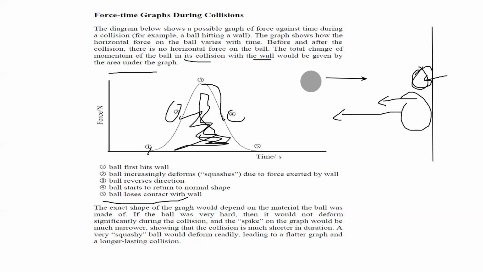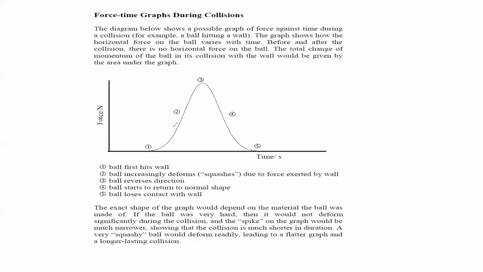So the exact shape of the graph would depend on the material the ball is made of. For example, if the ball was very hard, then it would not deform significantly during a collision, and the spike on the graph would be much narrower. Means this part will be narrower, showing that the collision is in a much shorter time. A very squashy ball deforms readily, which leads to a flatter graph.